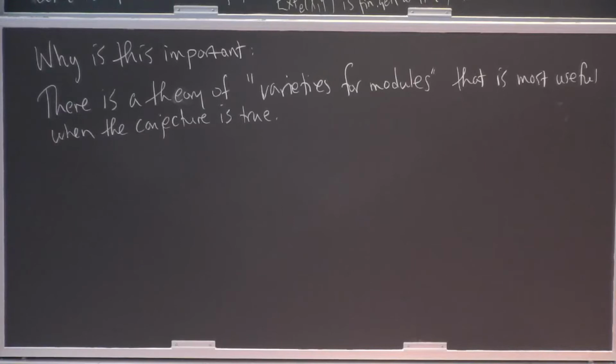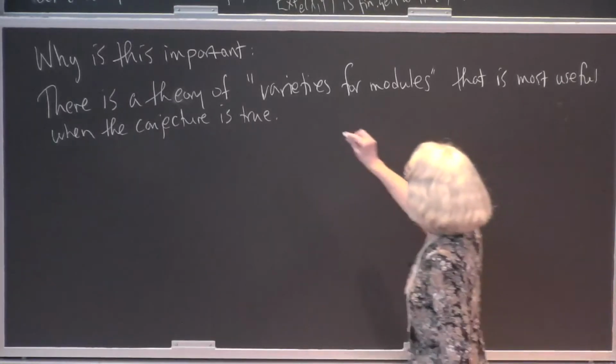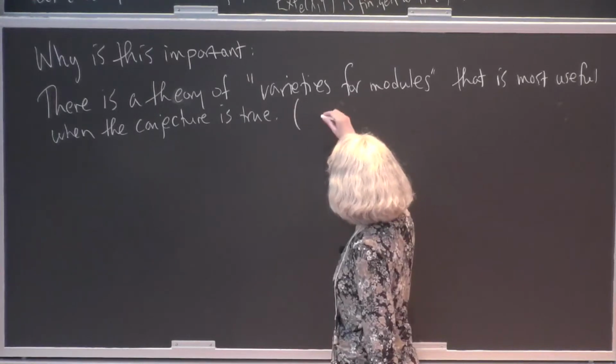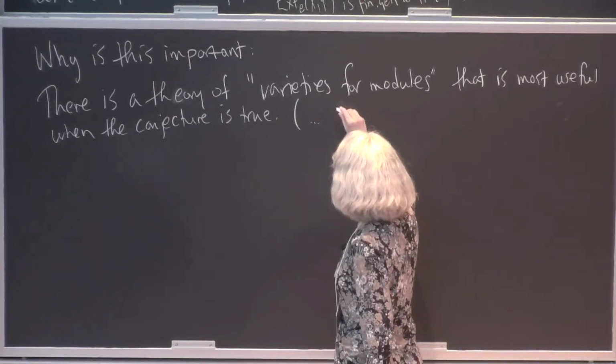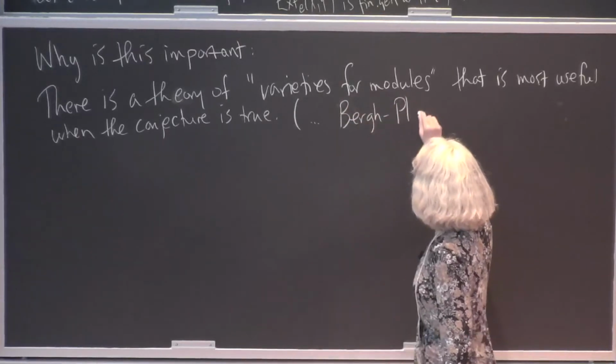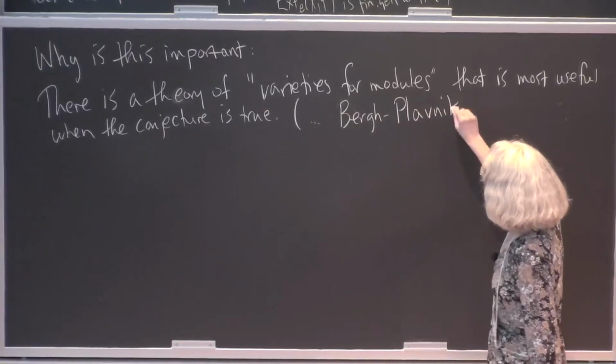You can't hope to understand all possible modules or objects. If you're able to understand them in terms of some geometry, geometric properties will give you some information. So this is one approach to understand properties of the modules or the objects. Maybe I should say there's been a lot of work on this going way back to finite group representations. But most recently, I wrote a paper with Peter Bergh and Julia Plavnik, who's here.